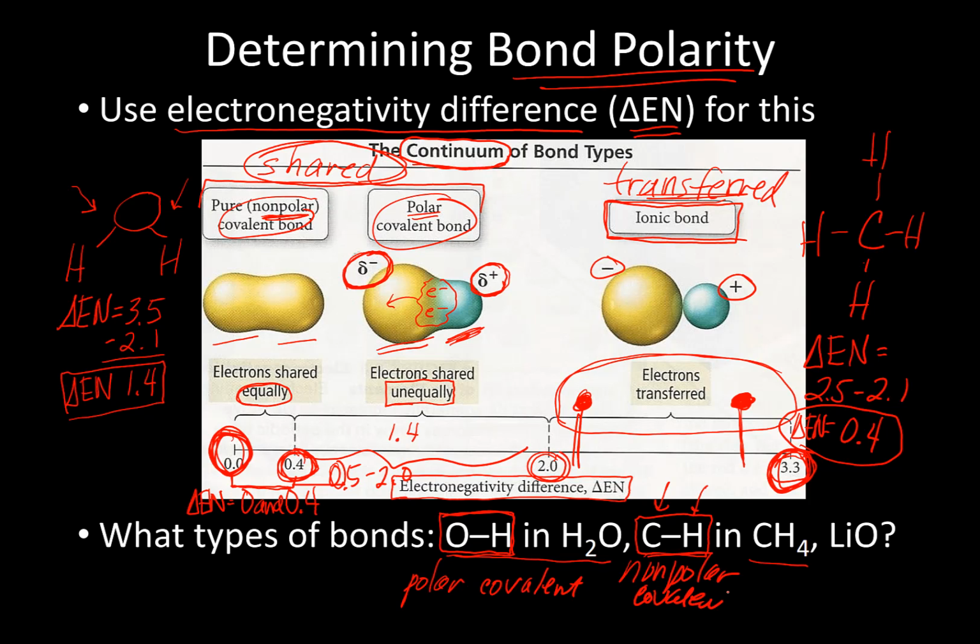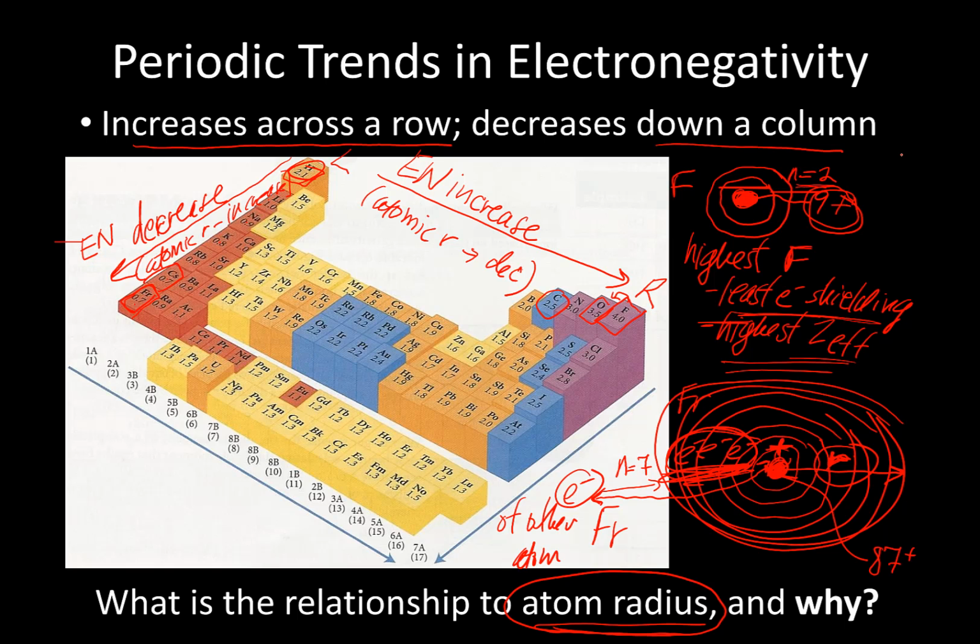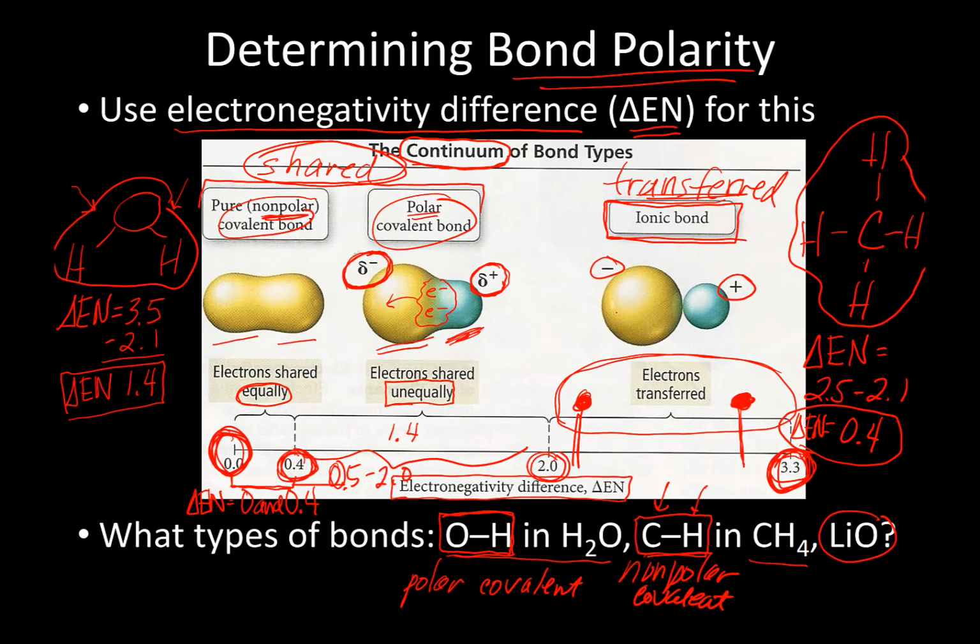And then we can look at this last case, lithium oxide. That is an ionic compound, so it's not in a molecule form like the water is and like the methane is. It's in a lattice. I'm not going to draw the lattice, but I'm just going to look up the values here and show you how it's ionic. So lithium is 1, oxygen is 3.5.